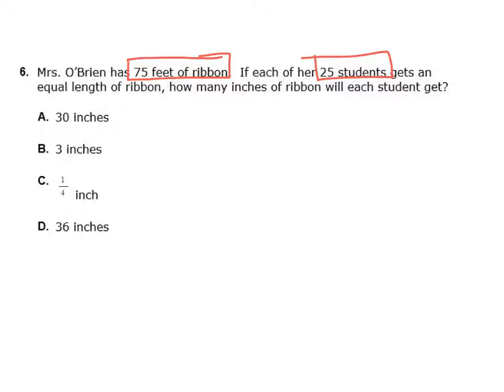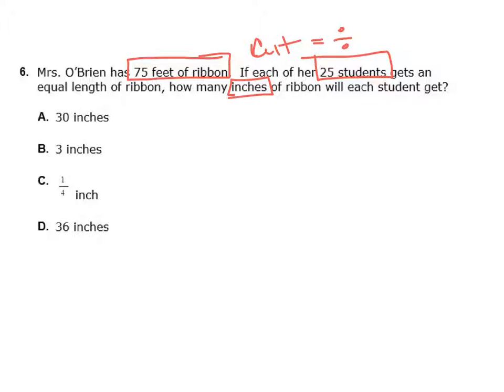And when she says each one gets, that means I'm going to cut the ribbon. Cutting is something that you do to something, and when you do cutting on something, then that means your operation is division.